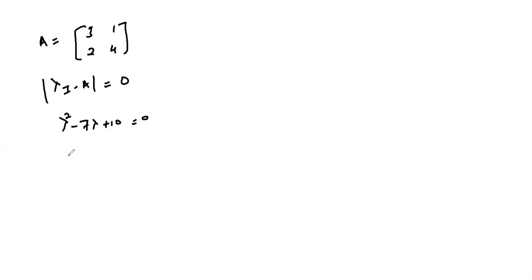From which we now write it in terms of the matrix A, and you notice that A squared minus 7A plus 10I is equal to 0. We notice that our alpha 2 is equal to 10 and our alpha 1 is negative 7.